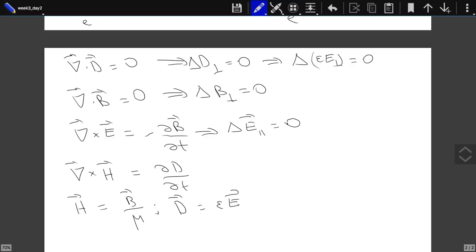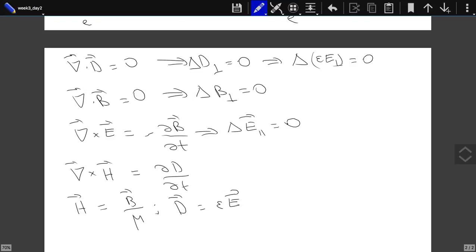If you remember, the derivation just starts by assuming a rectangular loop such that one side of this loop is in one medium, on one side of the surface, and the other side of the loop is on the other side of the surface. And this equation basically tells me that the integral of the electric field around that loop should be equal to the rate of change of the magnetic flux.